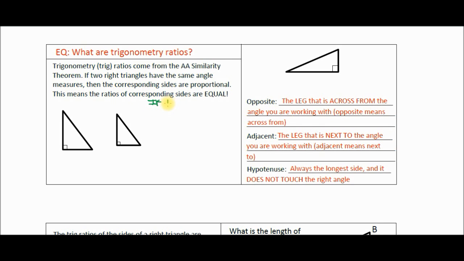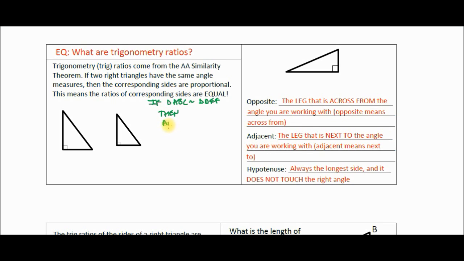If triangle ABC is similar to triangle DEF, then we know the proportionality holds true, and we can write our proportionality statement.